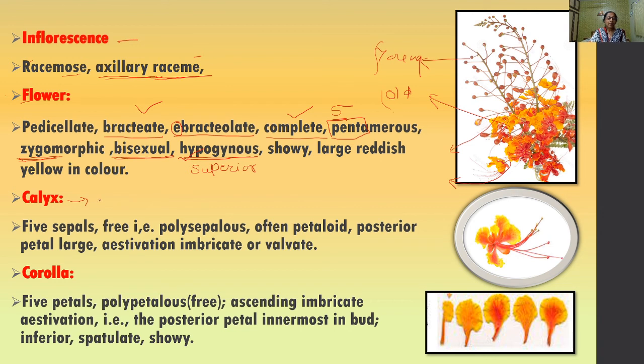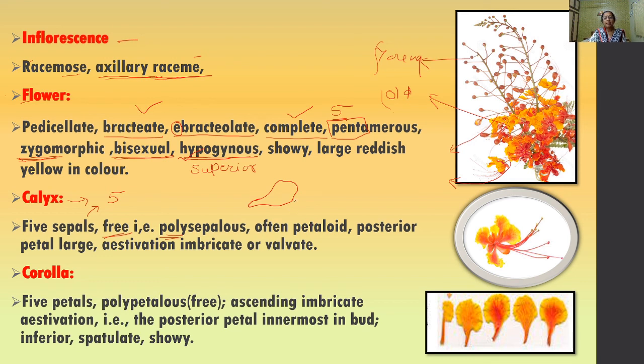Then we will move on to the first whorl of the flower, the calyx, which consists of 5 sepals. They are free from one another, so they are called polysepalous. In this case, the sepals are petaloid in nature. Petaloid means they have a somewhat thick structure, and the color is not green here.